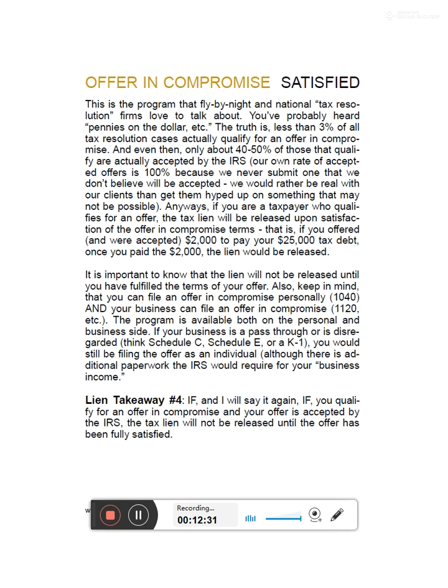If they accept your offer, it does not automatically withdraw the lien. You have to actually satisfy the conditions of the offer for the lien to be withdrawn. So if you offer $2,000 to pay your $25,000 tax debt and they accept it, until that $2,000 is fully paid, the lien will stay. Of course, even after you fully satisfy it, again, I would slap that lien withdrawal form out there just to make sure.